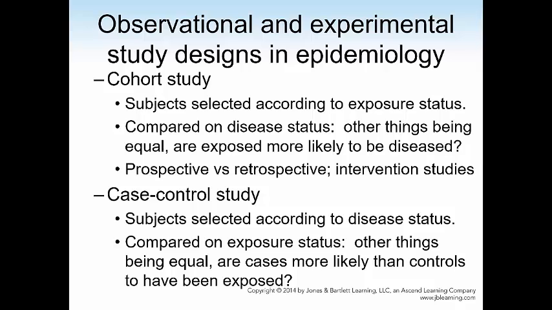You're another group, and then we compare lung cancer rates. So again, our cases are more likely than controls to have been exposed. So if the group that smokes cigarettes does not have a higher rate of lung cancer than the control, the people who never smoke, well then you really can't see it. It doesn't look like there's a link between that.